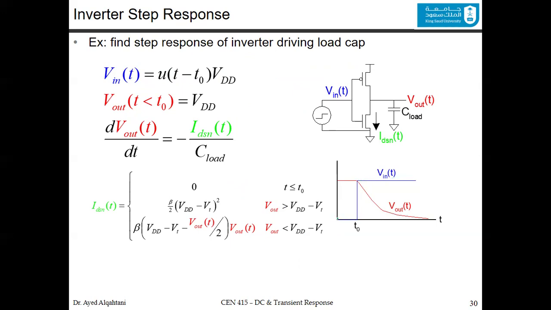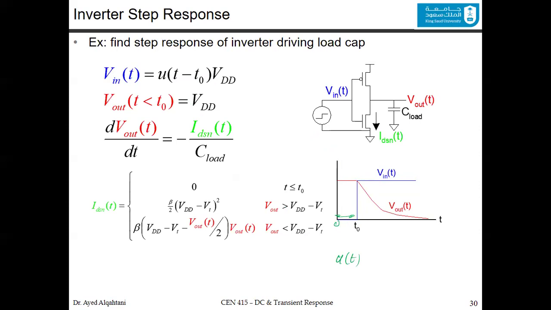So if the rising happens at 0 over here, then we call it U of T. But since there is a shift amount, indicated by T0, then it's U of T minus T0 multiplied by VDD.